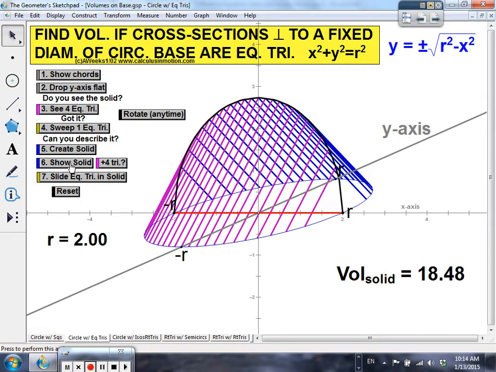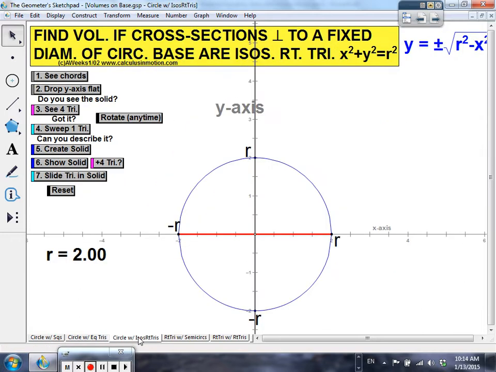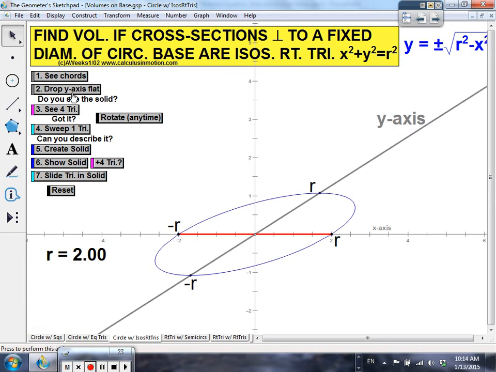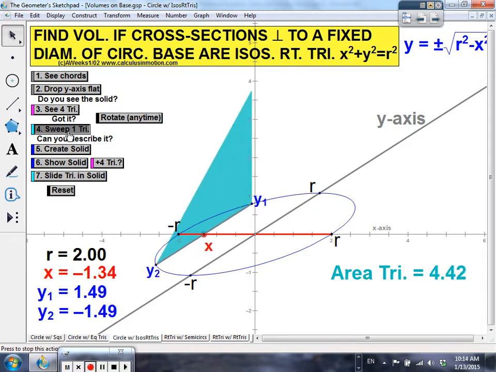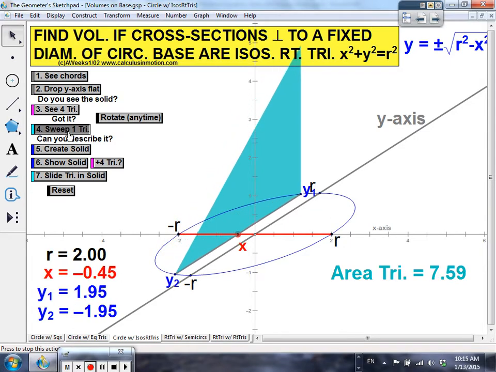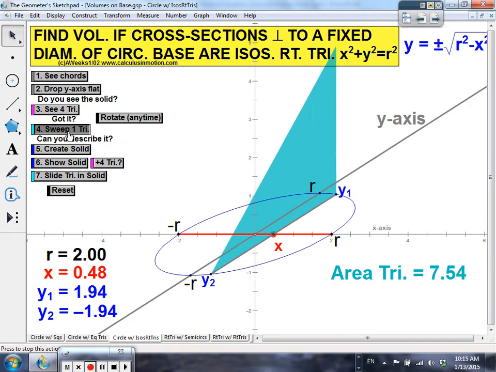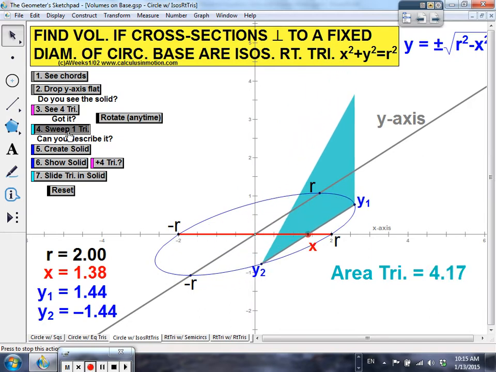Let's look at what if our cross-sections were isosceles right triangles. Isosceles right triangles could have you put a side as the base touching our circular base, or the hypotenuse. I've seen several. In this one, one of the sides is touching the base, and so that would be our cross-section.